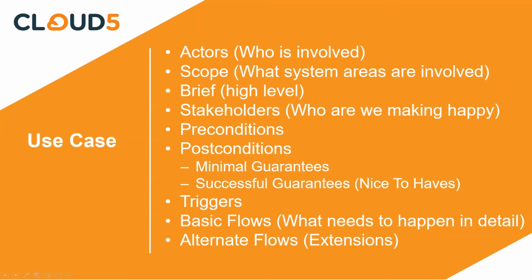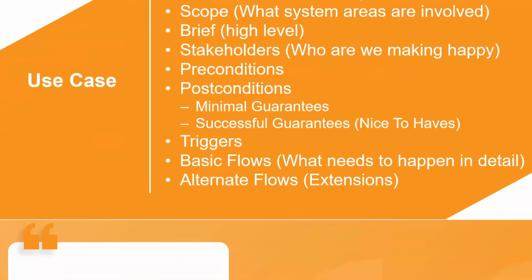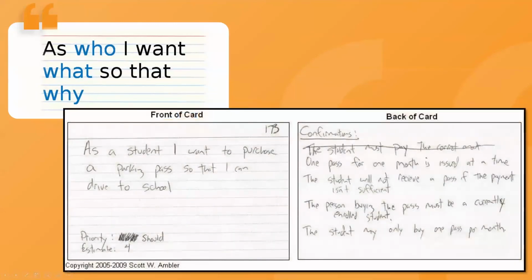Okay, so Omar went to Wonderland and got all his requirements and all the aspects of his requirements. What's next? Omar compares what he usually gets, which is who, what, so that, why: as a student, I want to purchase a parking pass so that I can drive to school.